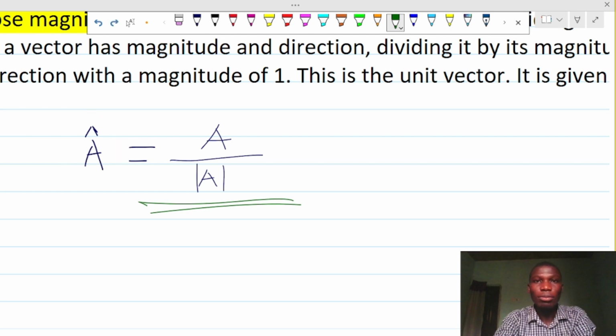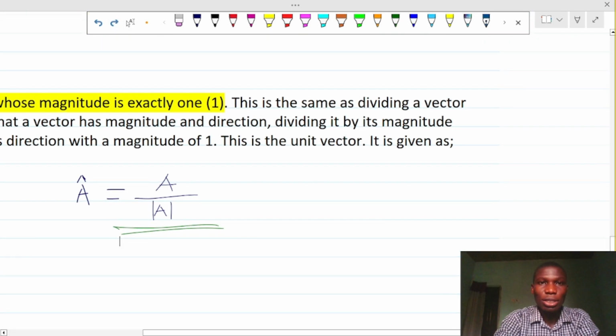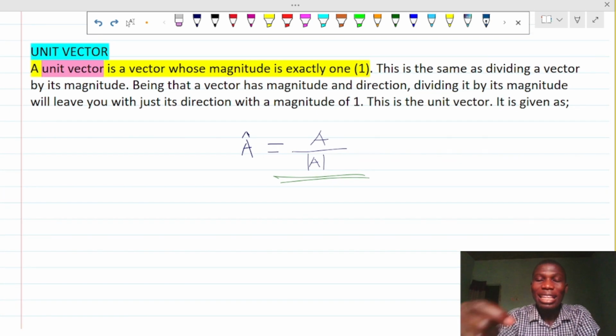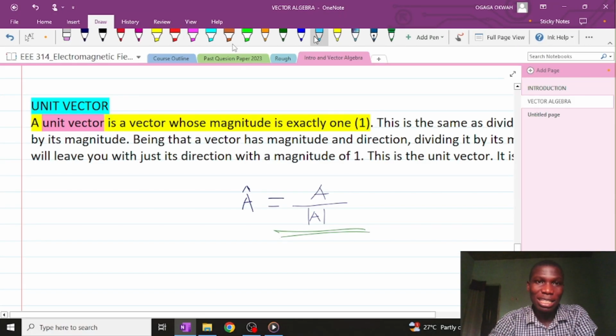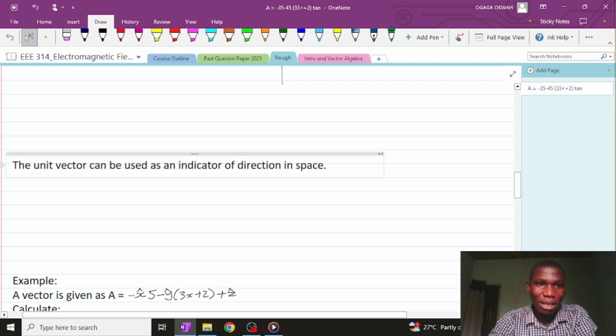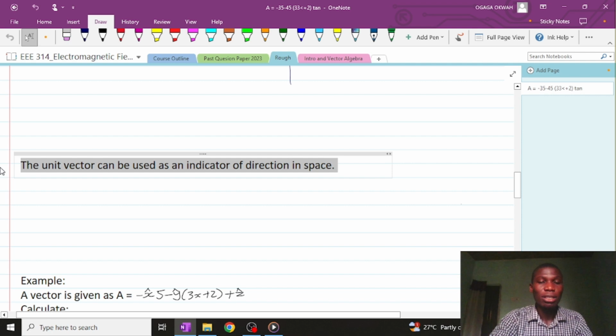Now, with what we just talked about, what we'll have left is the direction. That means most times the unit vector is used as direction. Look at what I have in my rough here. Yeah, the unit vector can be used as an indicator of direction in space.